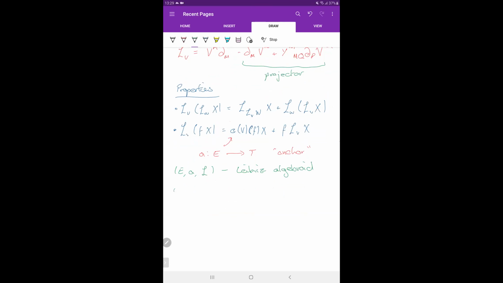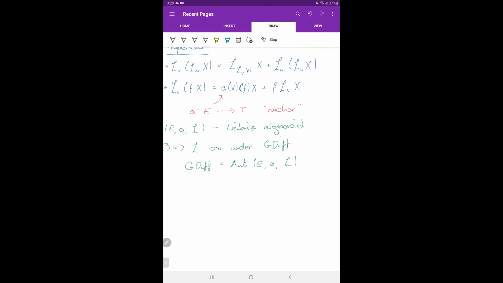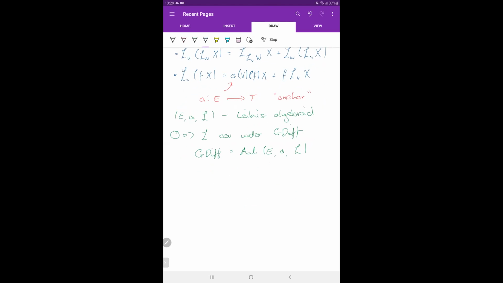And the first condition implies that L is covariant under the full group GDiff. Or if you want to write this in a slightly more fancy way, you might say that generalized diffeomorphisms are the automorphism group of the algebroid, E, A, L. We also have some further conditions, which Chris talked a little bit about yesterday.